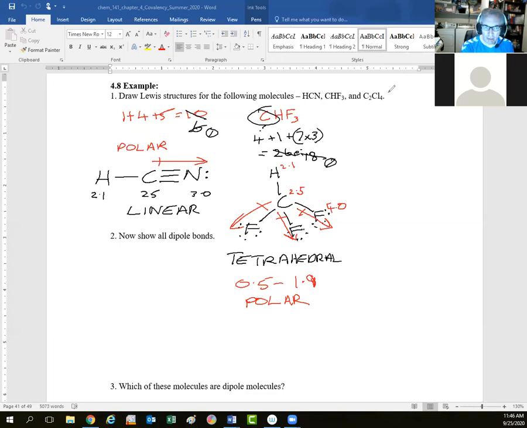Last one, the tetrachloroethene. 4 electrons for each carbon, of course. 7 electrons for each chlorine. So that gives us a grand total of 36.